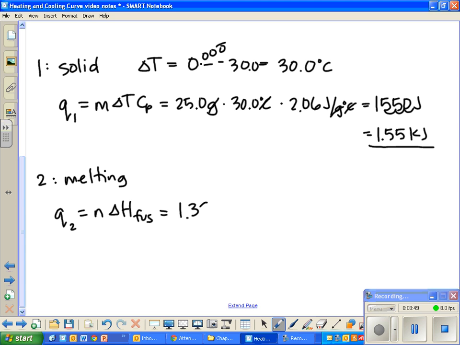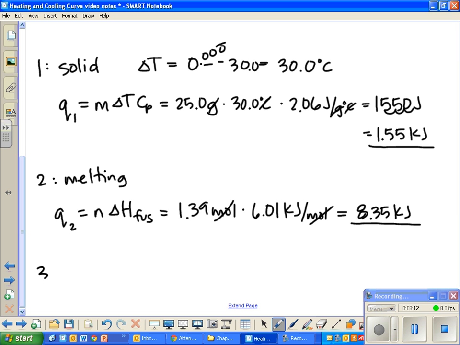So 1.39 moles times 6.01 kilojoules per mole. Moles divide out. So here we get 8.35 kilojoules. Again, I'm going to underline it, so that's my second number to add.